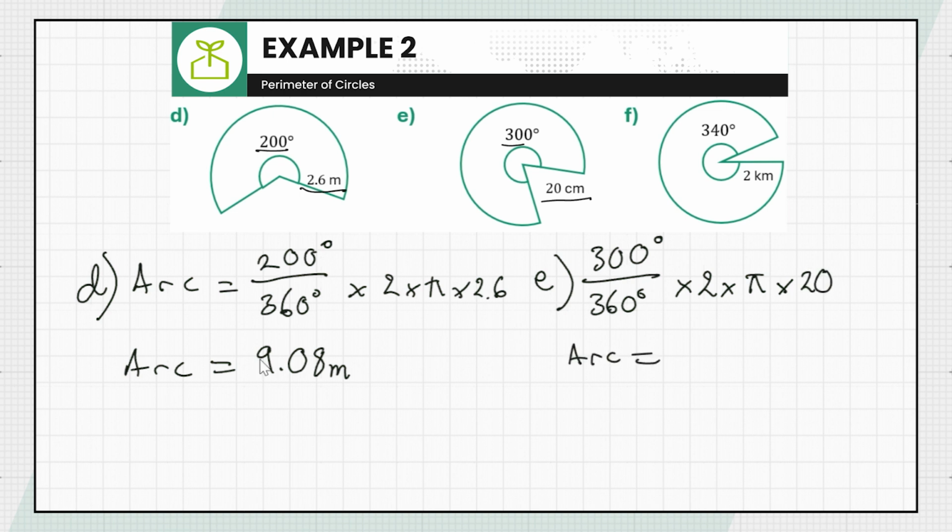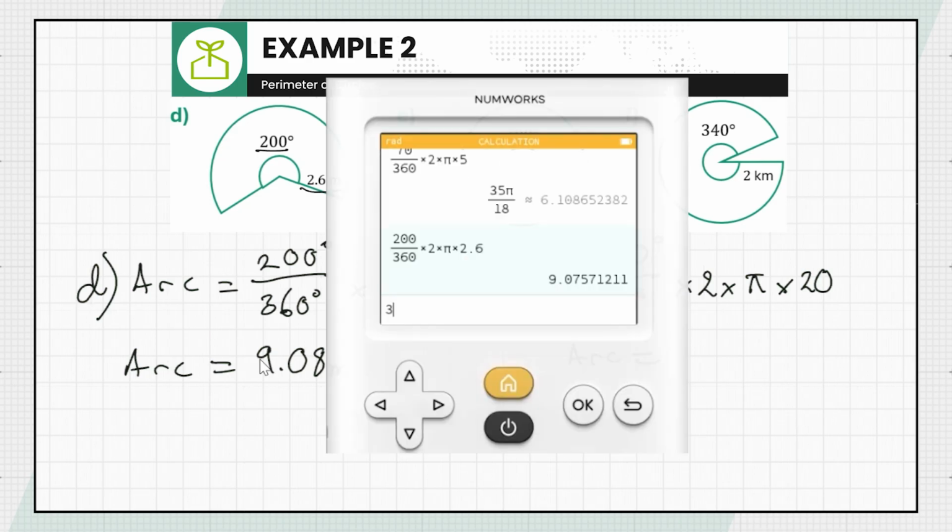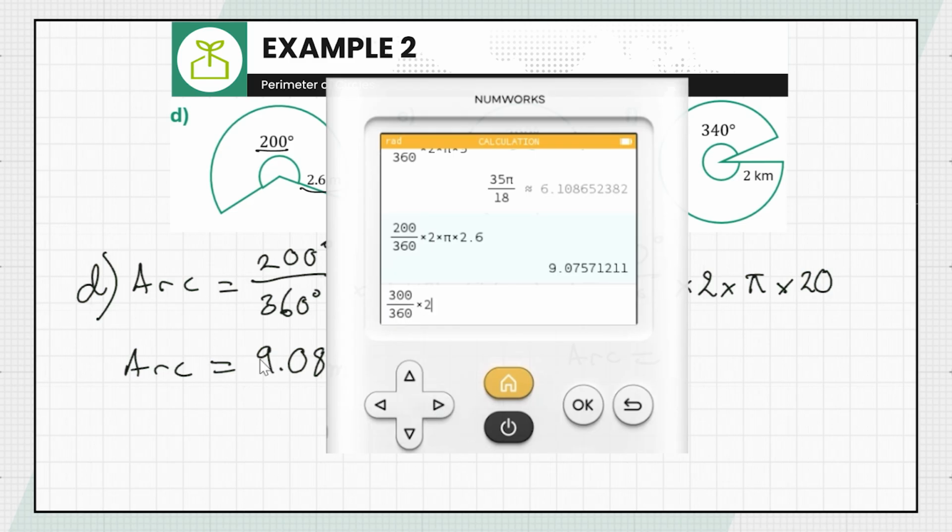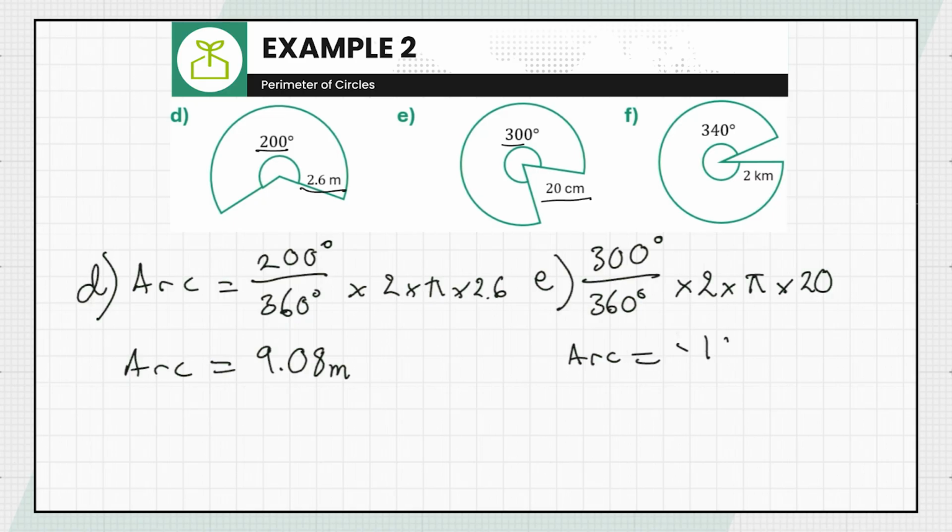So our arc is going to be equal to... okay, so it actually simplifies down to 100 pi over 3, and that is equal to 104.719, so 104.72. And that is in centimeters.